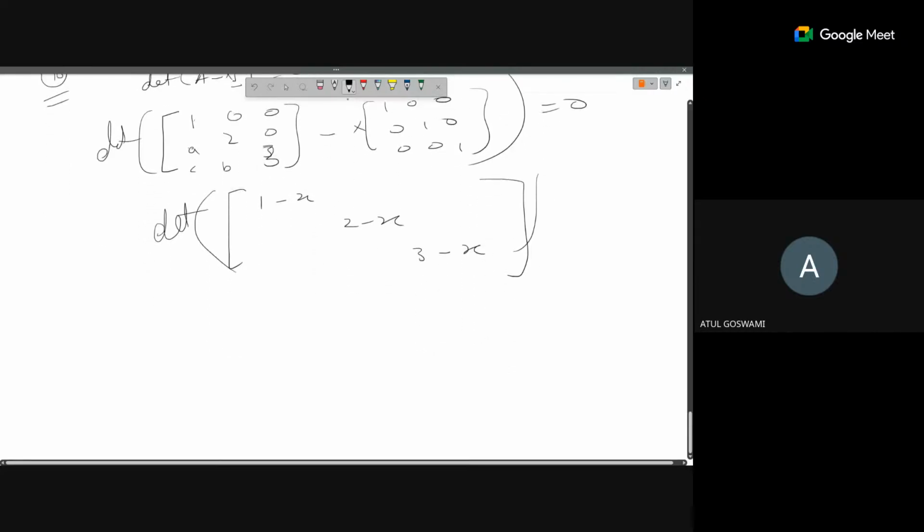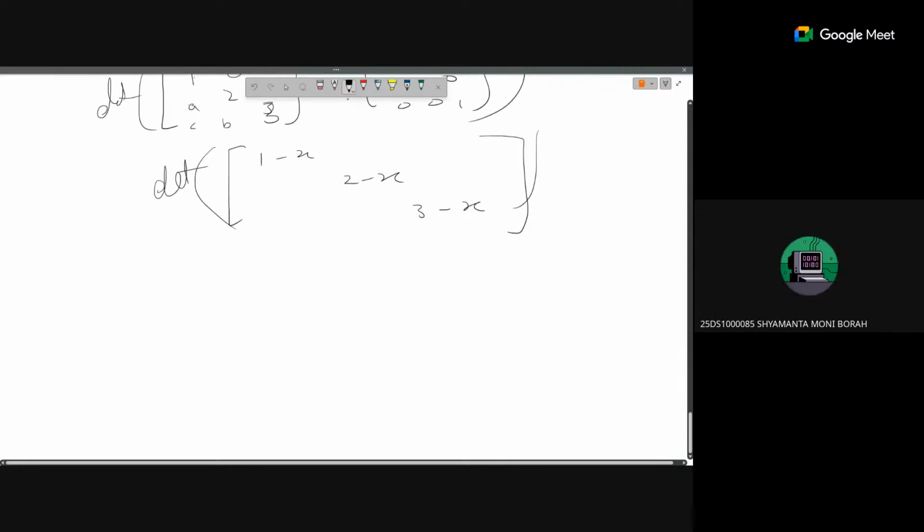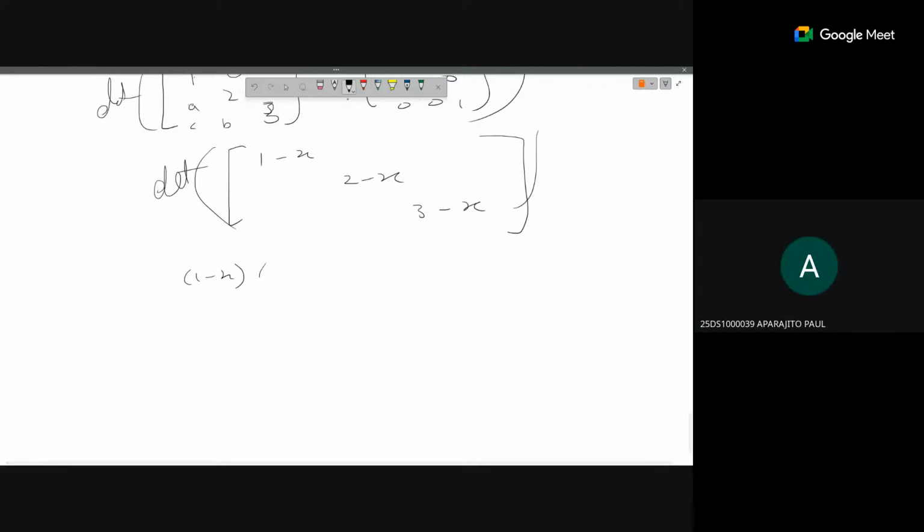What will be the determinant of this lower triangular matrix? The product of the diagonal: 1 minus x, 2 minus x, 3 minus x. This is the determinant of a lower triangular matrix, and this equals 0.